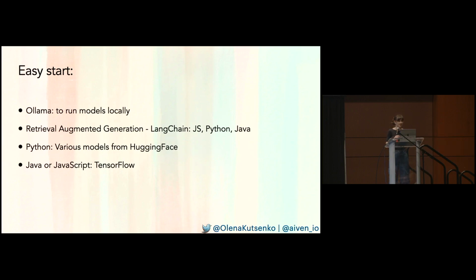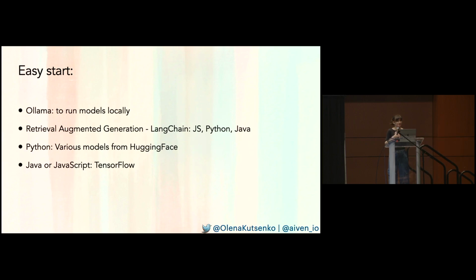Ollama is a framework where you run a Docker container and set the model you want to run there. It works very, very easily, and it's also quite a bit cheaper than using ChatGPT or other solutions.